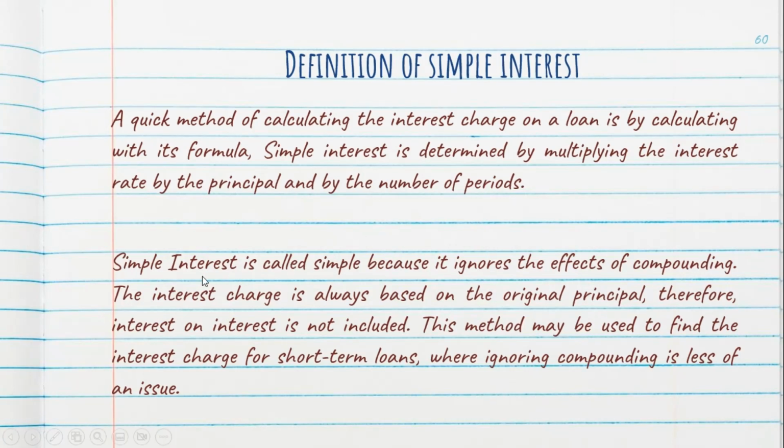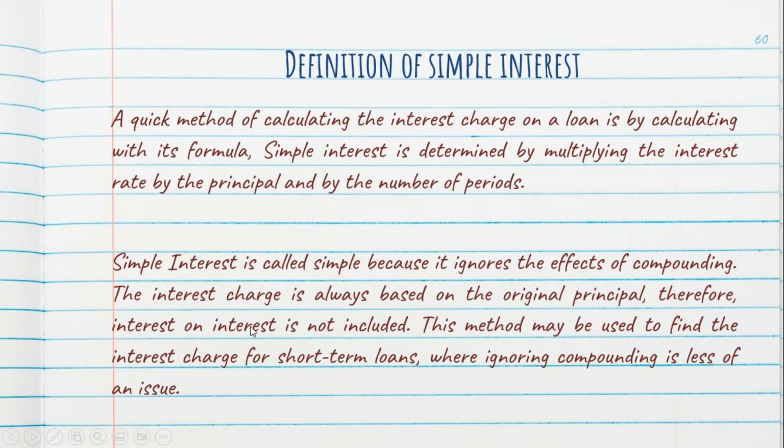Simple interest is called simple because it ignores the effects of compounding. The interest charge is always based on the original principal. Therefore, interest on interest is not included. This method may be used to find the interest charge for short-term loans where ignoring compounding is less of an issue.